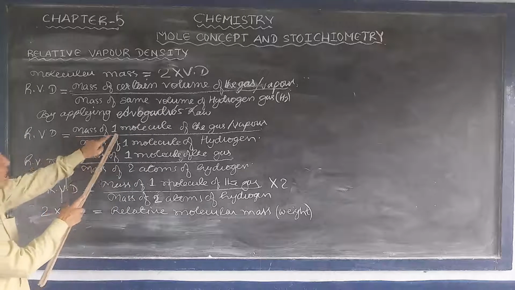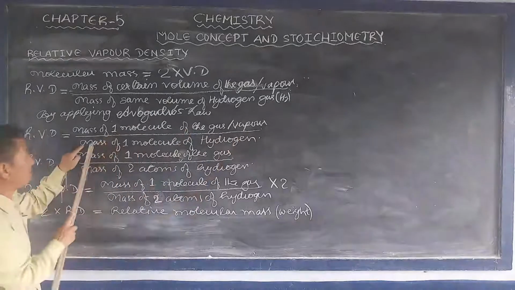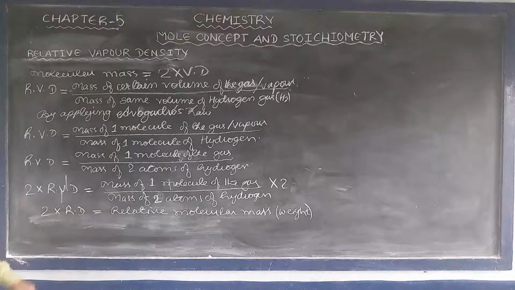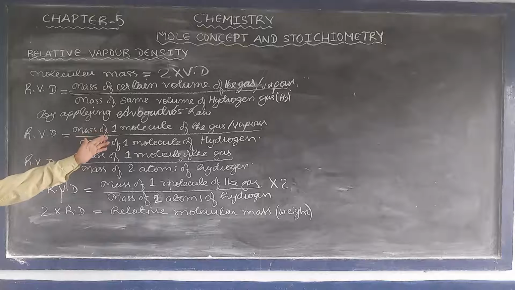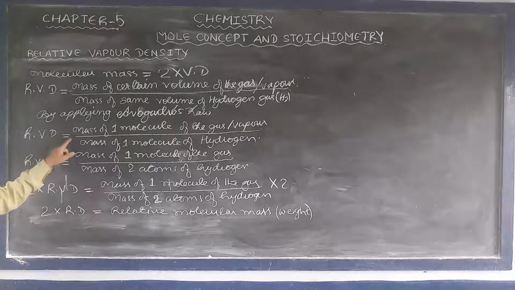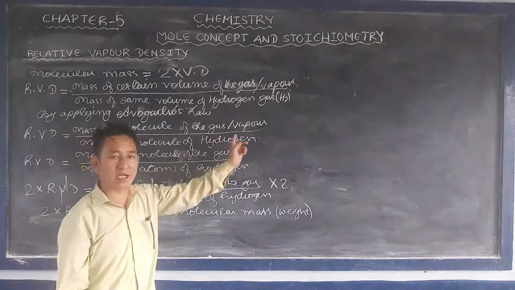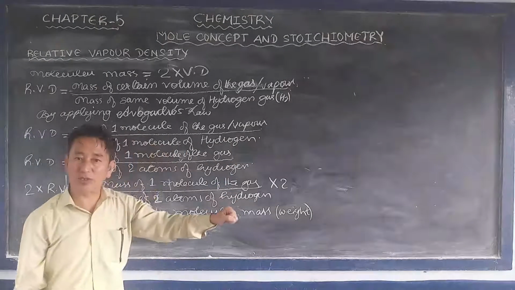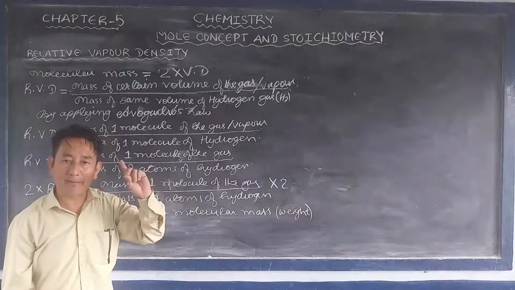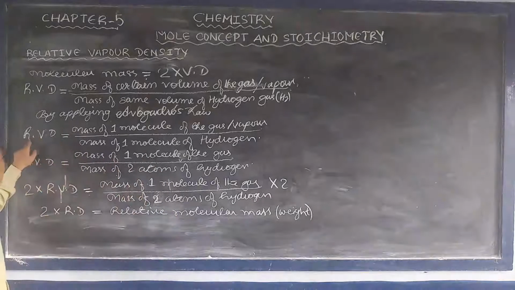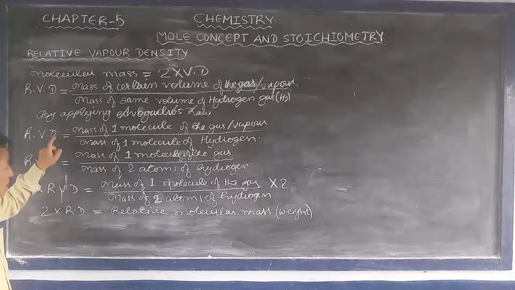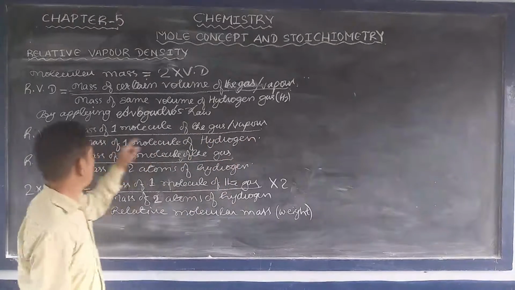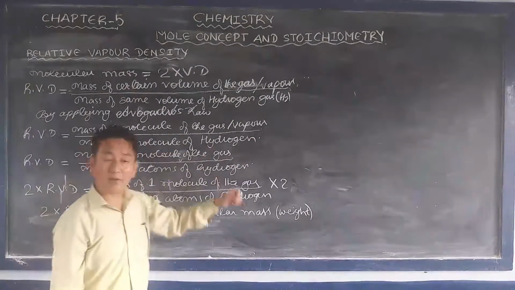So by applying Avogadro's law, relative vapor density is the mass of one molecule of the gas or vapor to the mass of one molecule of hydrogen.